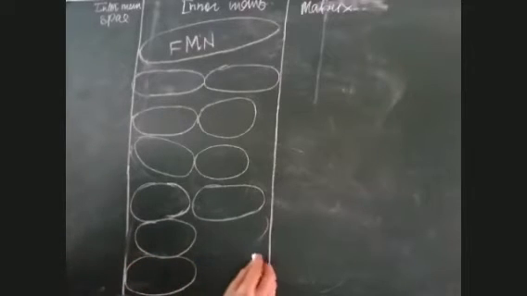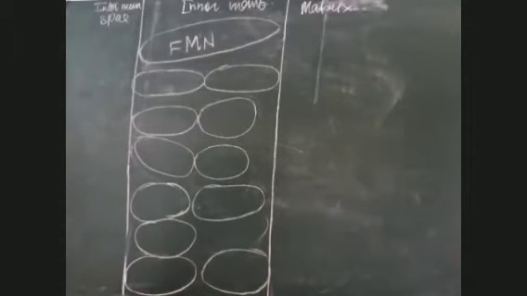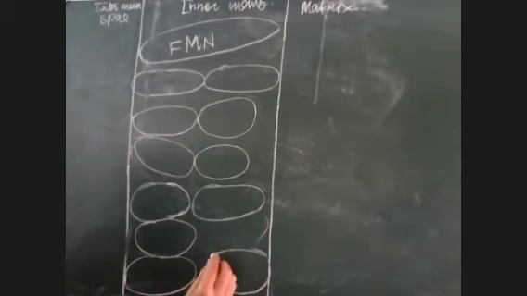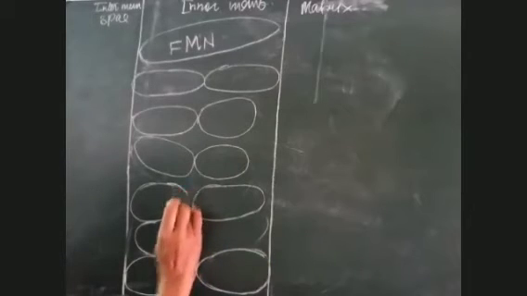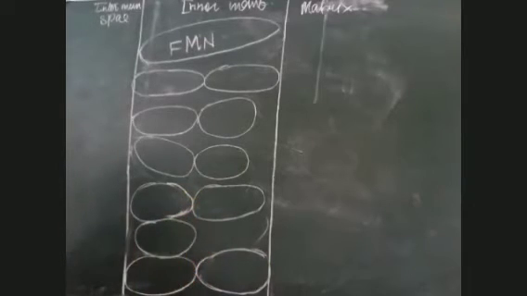One here and one at last here. These all are electron acceptors in the electron transport chain. This needs to be connected with this, just touching it. The boundaries are touching. Okay, so this way you can make it.